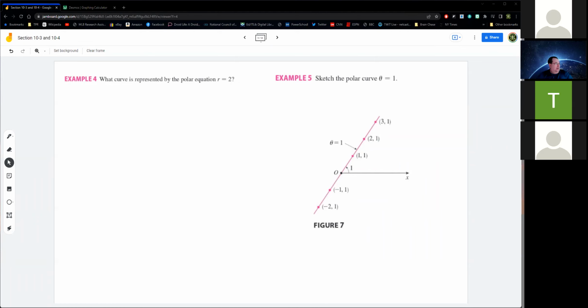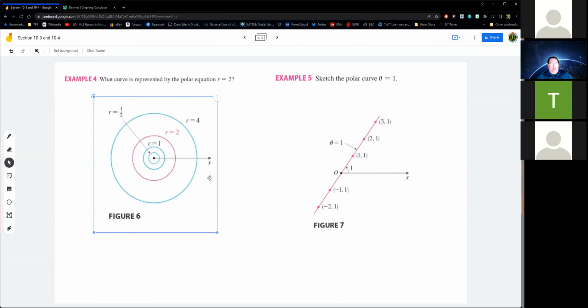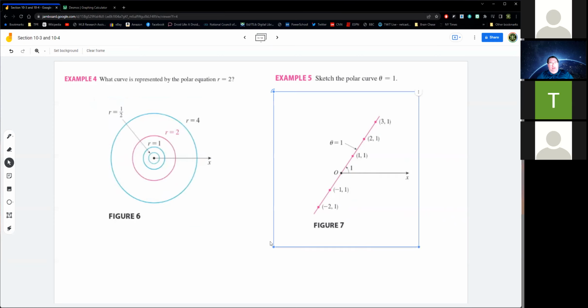And then your radius is just the 2. So anytime you do a radius, you're going to get a circle.